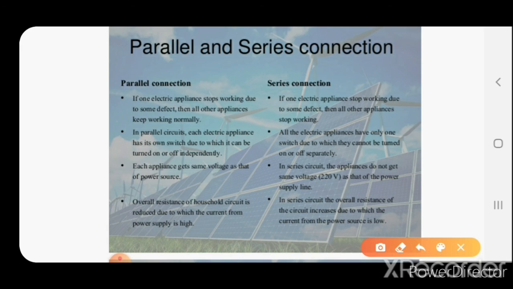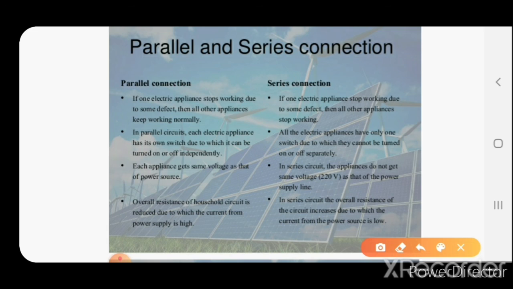Each appliance gets the same voltage in case of parallel connection, while in a series circuit, the appliances do not get the same voltage as that of the power supply line. Now the overall resistance of a household circuit is reduced in case of parallel combination, due to which the current from the power supply is high.